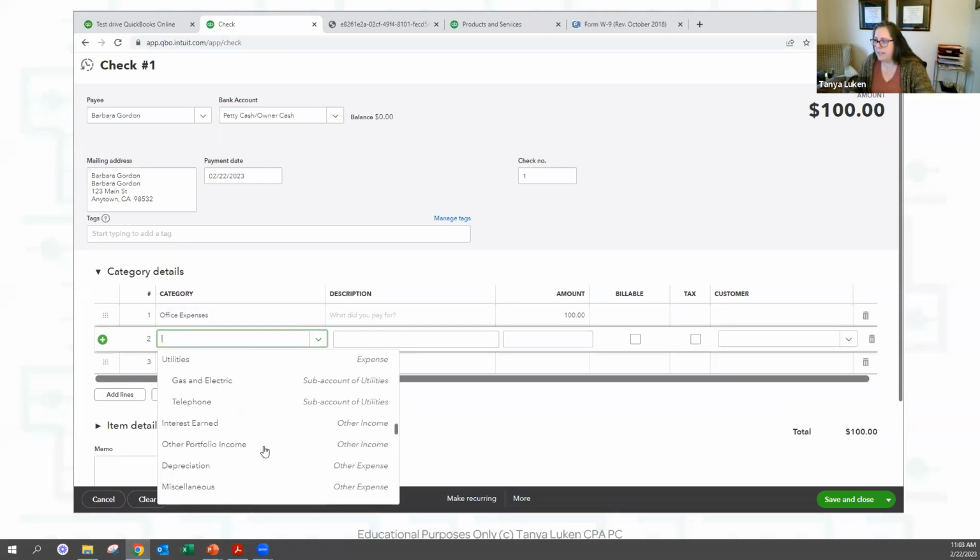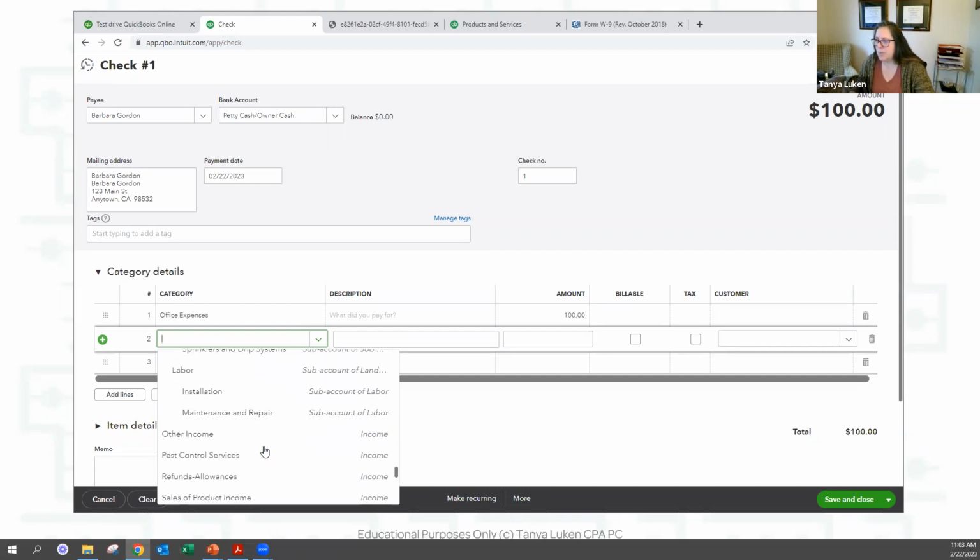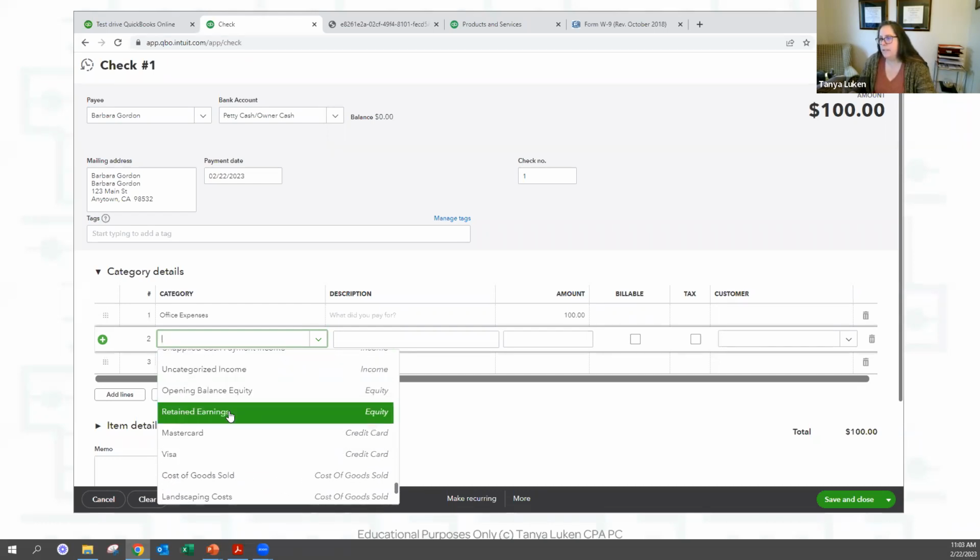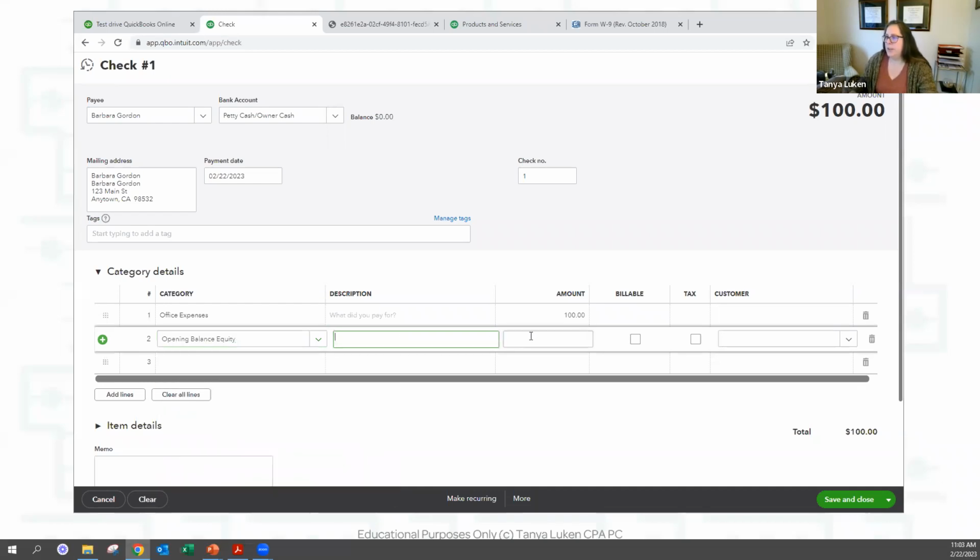Maybe there's no equity accounts in it. Did you guys see one? Here. These are terrible, but okay. So then you would pick your owner equity account and do the minus the $100. So Darren, I think this would be a better way. Or you would adjust the bank account balance in your petty cash owner cash account against your opening balance equity or against your owner's equity at the end of every month, for example.